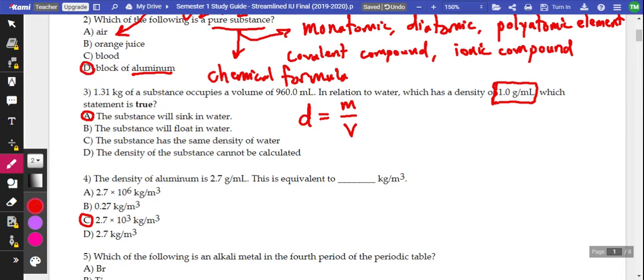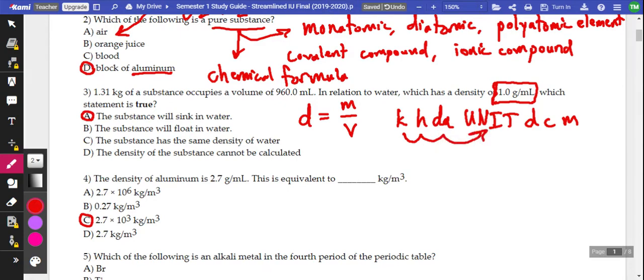Our quick metric conversion chart looks something like this. It's K for kilo, H for hecto, DA for deca, the base unit, D for deci, C for centi, and M for milli. If I'm going from kilograms to regular grams, I'm going 1, 2, 3 spots to the right.